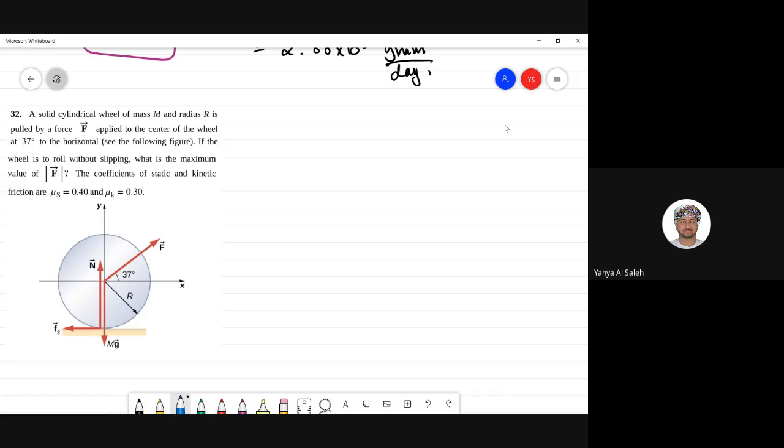Okay, so every time we do the question, we say rolling without slipping. Rolling without slipping assumes that whatever value you are doing is within the limitation of friction. Because if it's more than the limitation of friction, you will end up slipping, right?